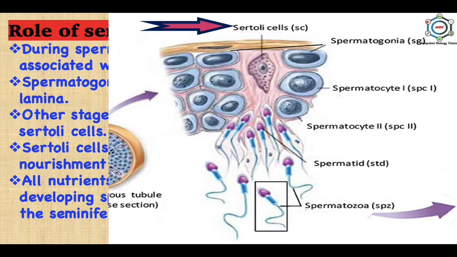Sertoli cells are endocrine cells. They secrete the polypeptide hormone inhibin, which acts on the pituitary to reduce the secretion of FSH, follicle stimulating hormone, and it shows negative feedback of the hormonal action in male, which we discussed in the previous video.